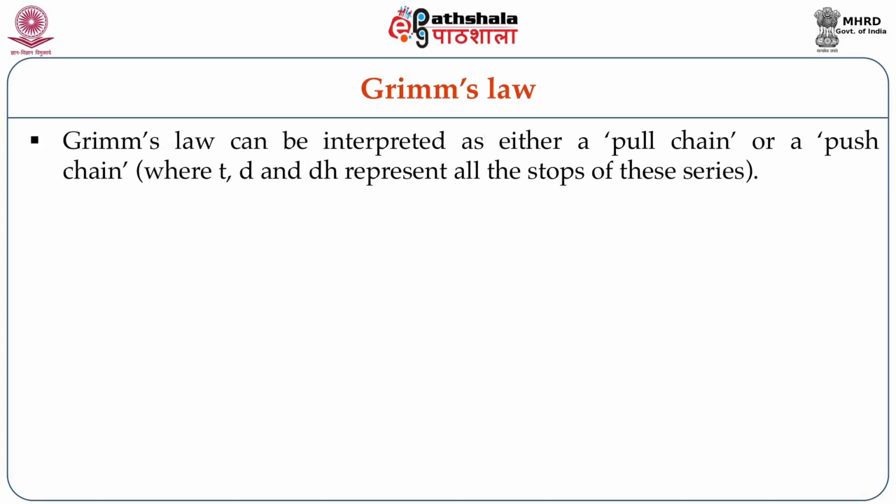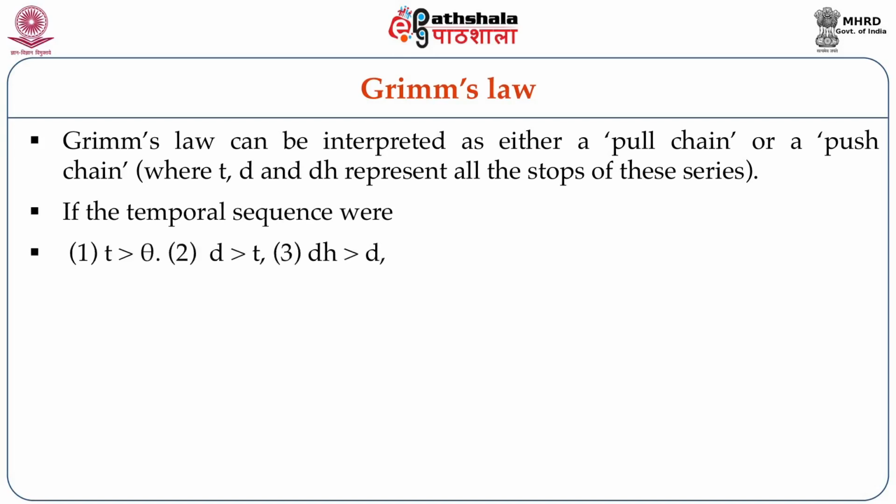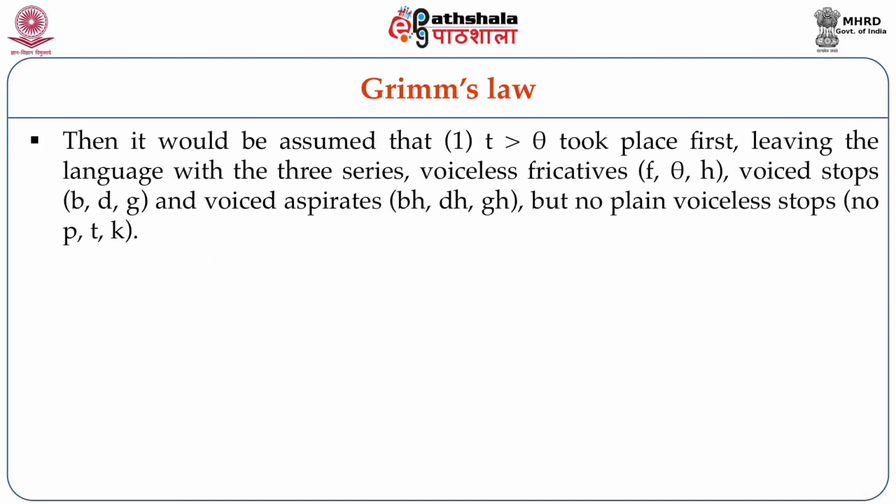Grimm's law can be interpreted as either a pull chain or a push chain, where the three symbols represent all the stops of these series. If the temporal sequence were 1. The changing to fricative, 2. The changing to the, 3. Aspirated the changing to unaspirated the, then it would be assumed that 1.